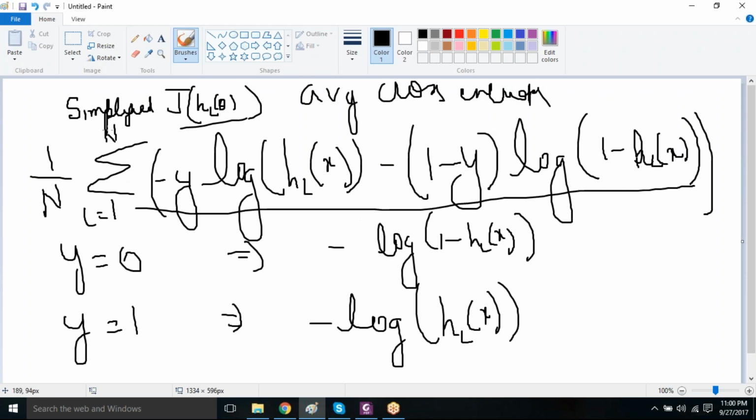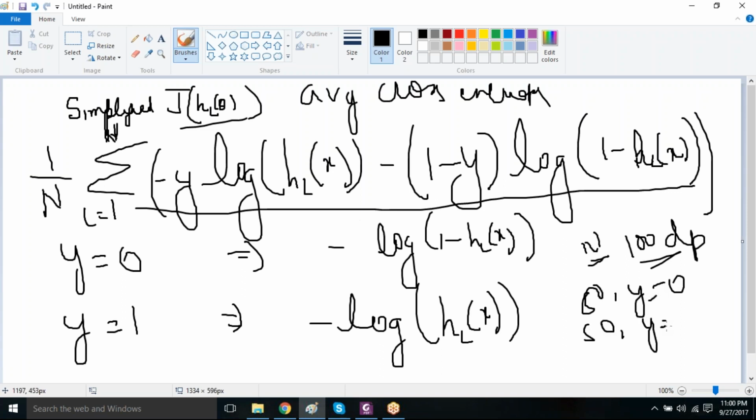See, suppose you have n data points. Let's say you have 100 data points, 50 points where y equal to 0 and 50 points where y equal to 1. Just an example. If you have 100 data points in training data, maybe 50 will be class 0 and 50 will be class 1. I am summing over those 100 points.